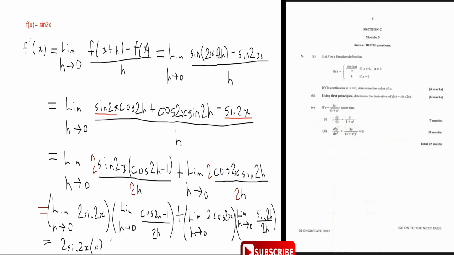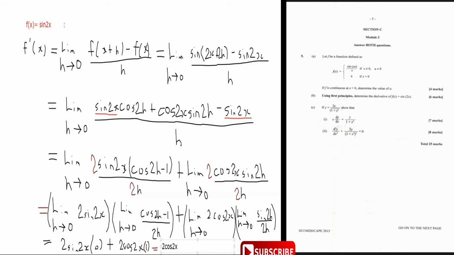Plus, when you plug in h as 0 here, you get 2 cos 2x times the limit as h approaches 0 of sine 2h over 2h, which is 1. Anything times 0 is 0, so the final answer is 2 cos 2x.